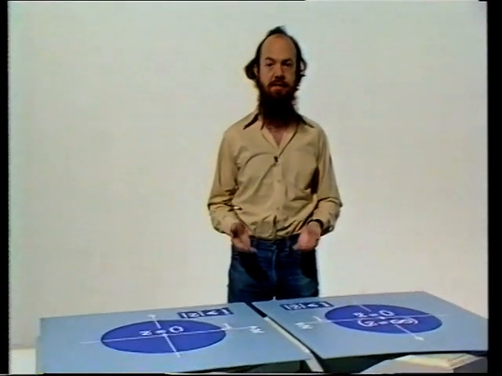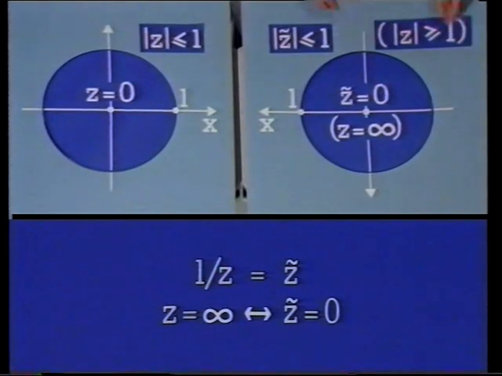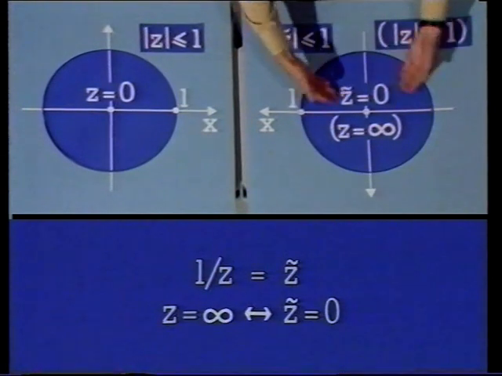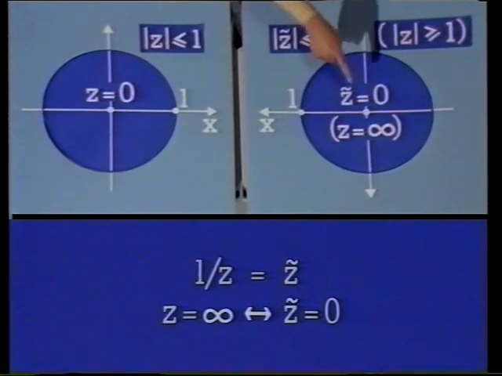And then to see the z sphere, just consider unit disks in the z-plane and the z tilde plane. The unit disk in the z tilde plane can be thought of as these points in z. So these are the z points with modulus greater than or equal to 1. So the interior of this disk represents all the points outside this one, plus the point z equals infinity.